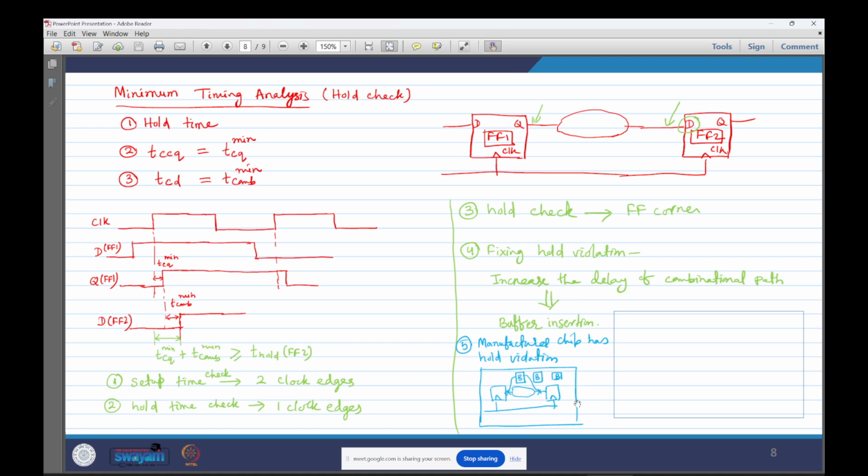One or two masks will be reprinted, and that too metal masks, which are cheaper compared to the transistor level masks. That's why I told this is a trick used in many industries: during chip design they add these isolated buffers, which will be reconnected if there is any hold violation in any path.